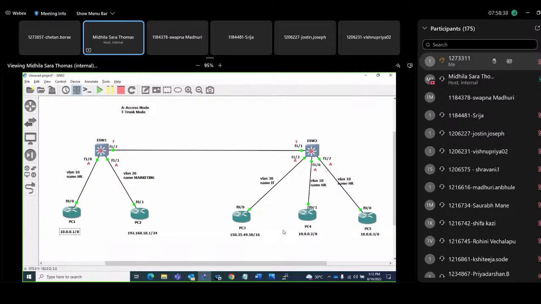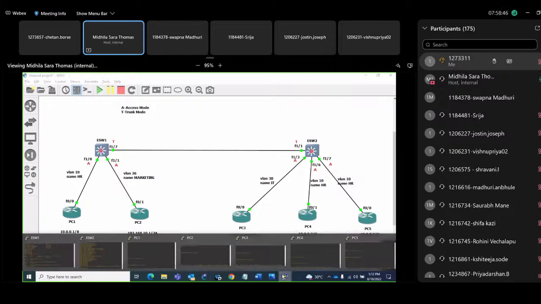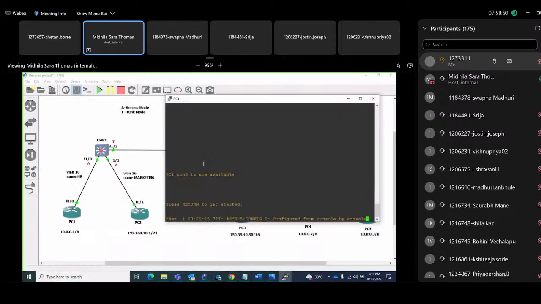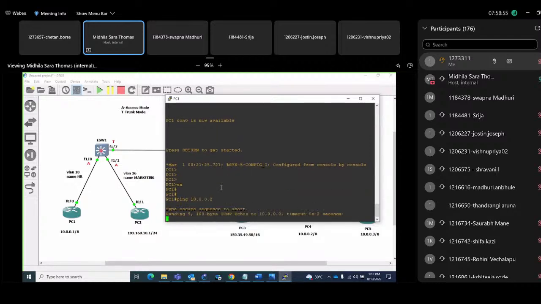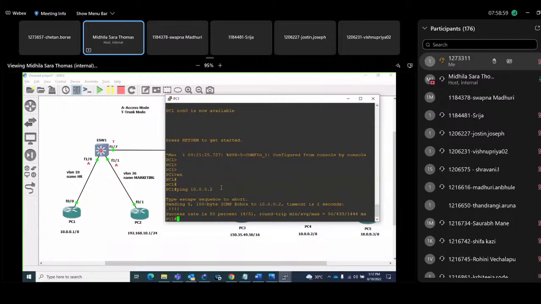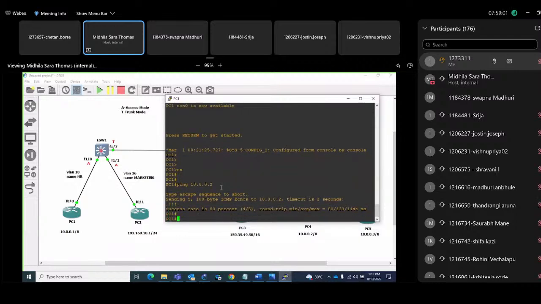Can we see if from this floor, if they ping here, will it work? If PC1 to PC4, will it work? Let's see. Yeah, that's the last thing. Let's see. Ping. Did it work?